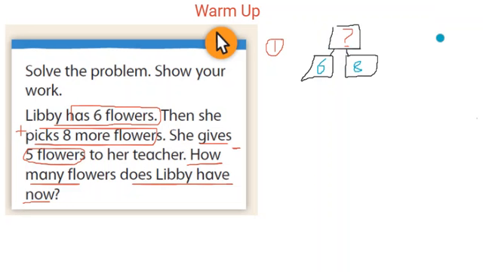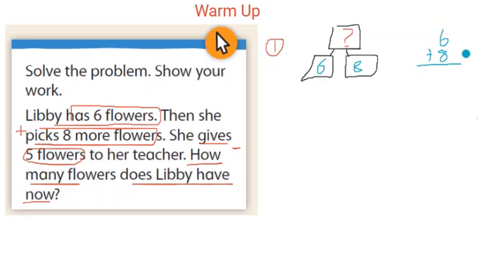So well, let's just do that quickly. 6 plus 8. And again, I'm just showing you the standard algorithm because I'm hoping that you've been practicing your large doubles. So remember, the small doubles is 0 to 5, and large doubles is 6 to 10. So we can look at this as 6, and then this 8 is broken up into 6 plus 2.